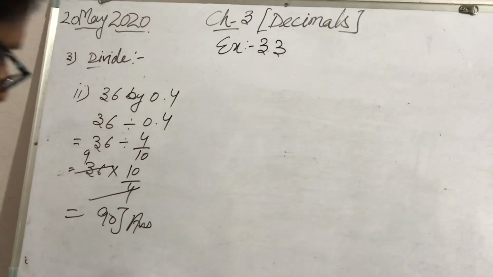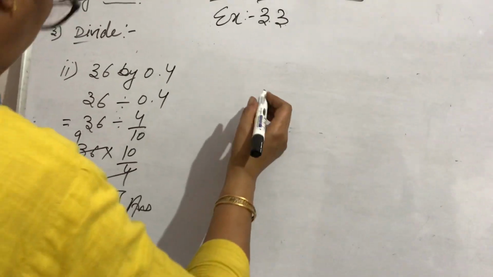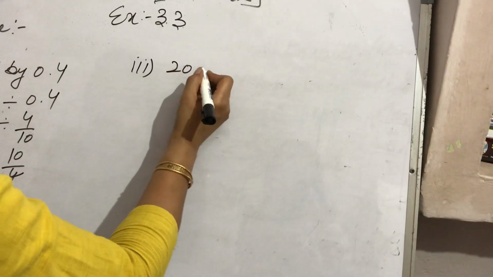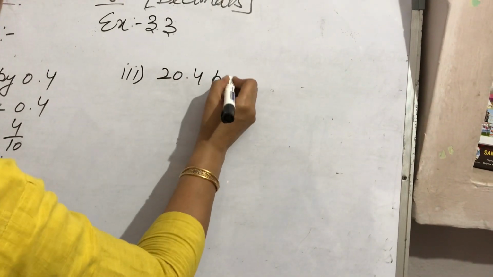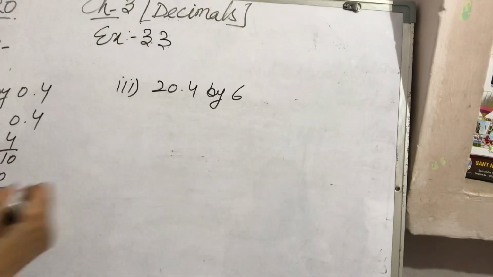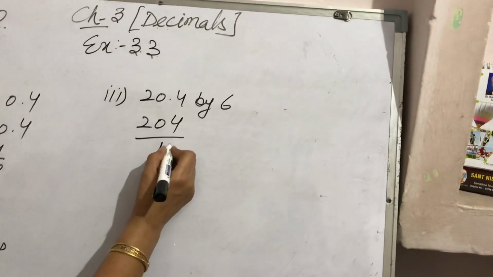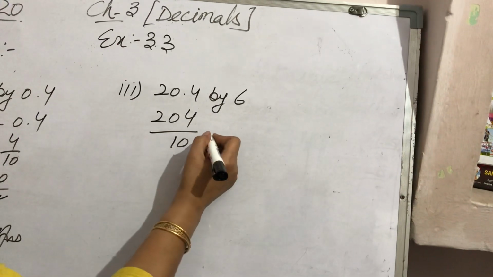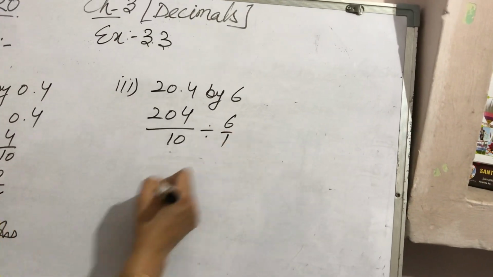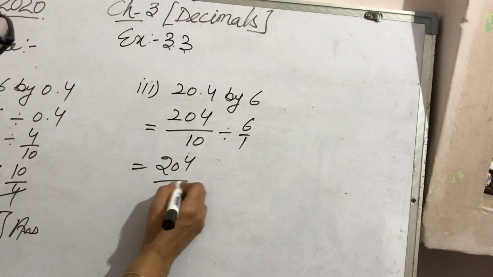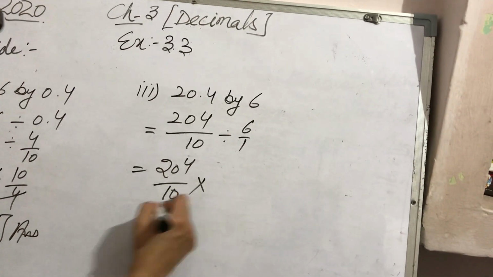Then third part of the same question, 20.4 by 6. So first of all, remove the decimal by 10, divide by 6 by 1. 204 upon 10. Division changes into multiplication.